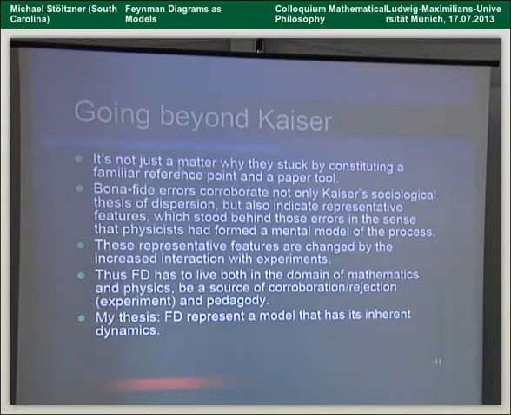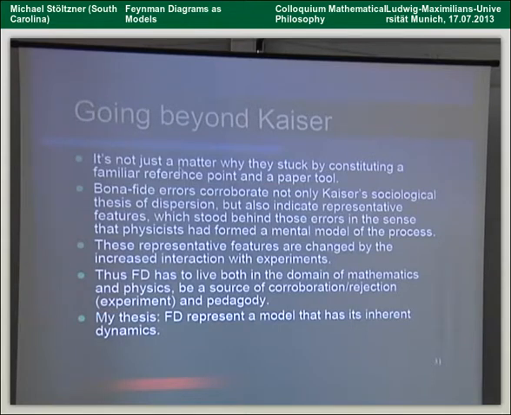And these representative features are changed by the increased interaction with experiments. Thus, Feynman diagrams, to my mind, have to live both in the domain of mathematics, theoretical physics, and experimental physics, and a source of corroboration, rejection, experiment in a general sense, and on the other hand of textbook pedagogy.